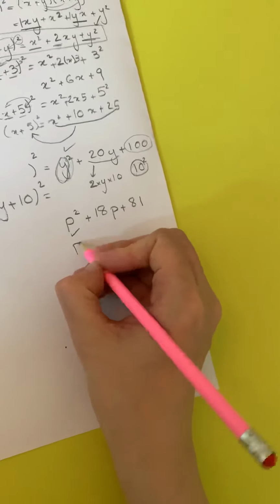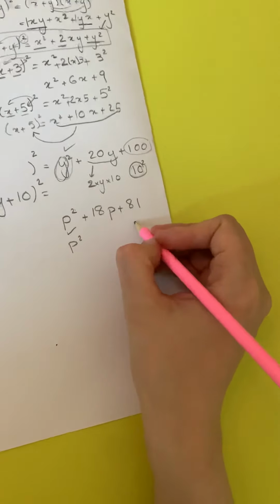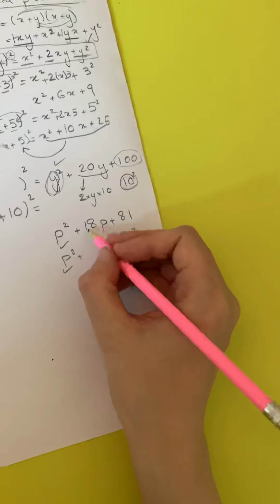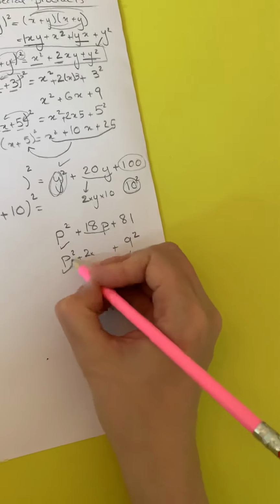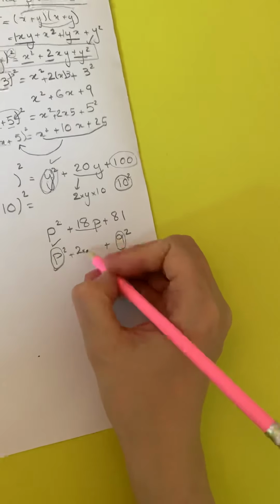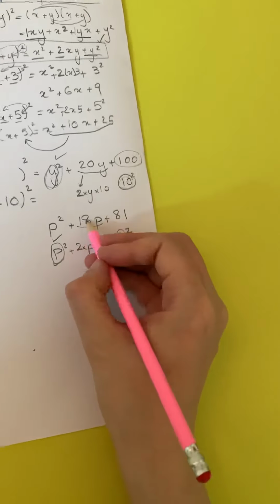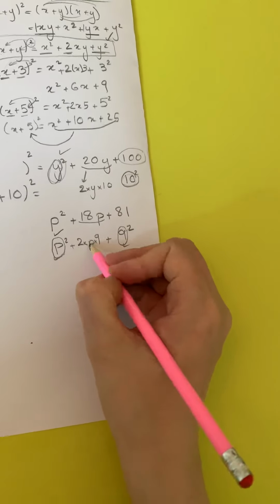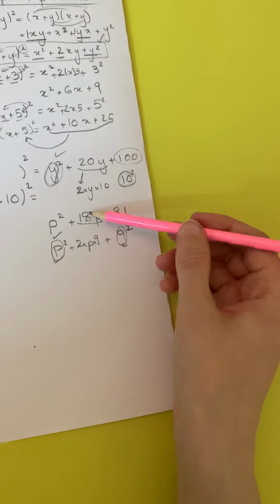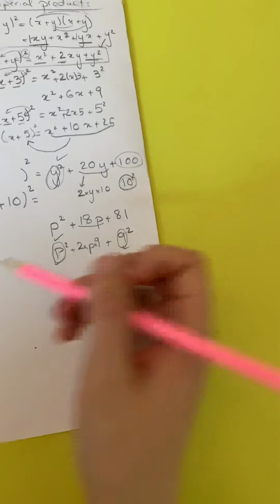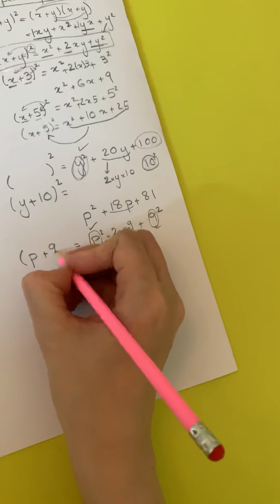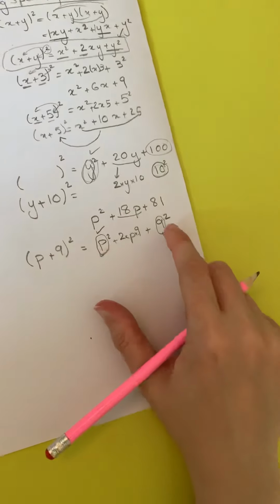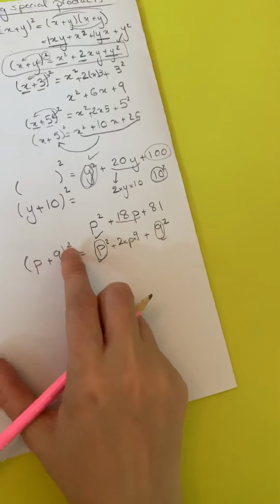I need this one power 2, so 81 is 9 power 2, which is available, okay. 18p, can I write it as 2 times the first times the second? Is 18p 2 times p times 9? It is, because 18 is 2 times 9. So you can directly write it as p plus 9 power 2. The first plus the second here and the power 2 outside.